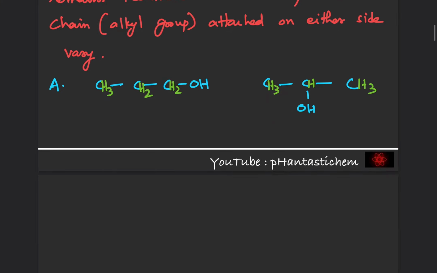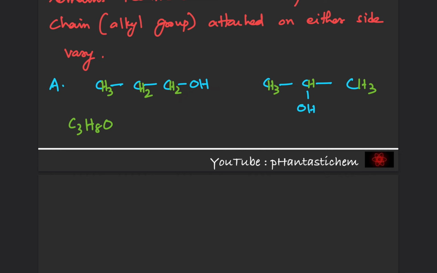Both have the same molecular formula, that is C3H8O, but they have different structures, as we can see. So they show isomerism, no doubt about it, but it cannot be metamerism because the functional group here is OH and it is monovalent.